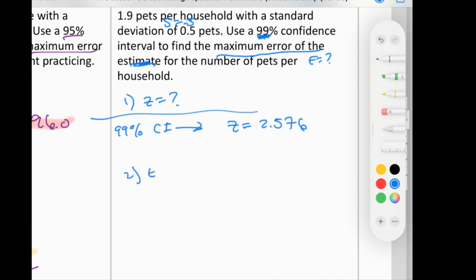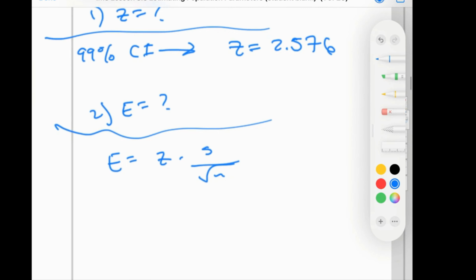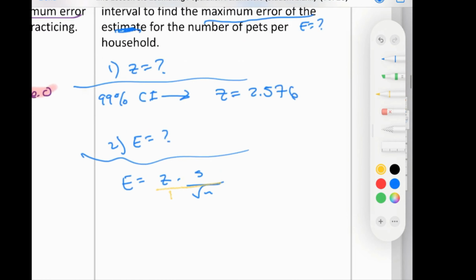Okay, the second thing is I want to get E, which is the maximum error of the estimate, or the margin of error. So I have E equals the Z times the standard deviation over the square root of n. And to make Z a fraction is just over 1. So it's just really Z times S over the square root of n.